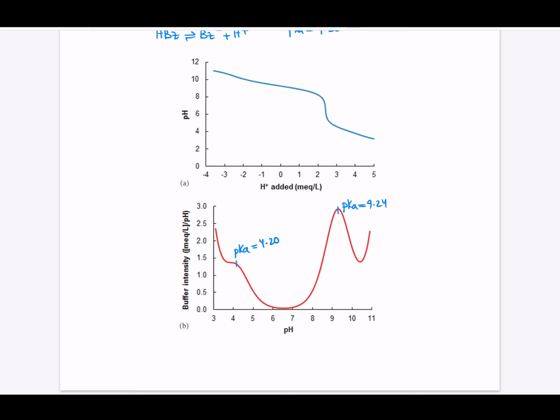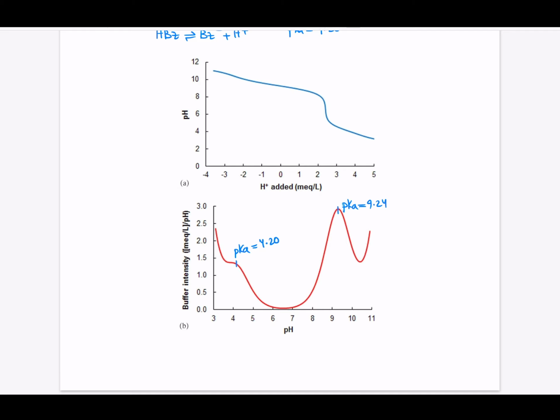So this is a clear, useful connection between the information from the titration curve and the information from the buffer intensity curve. If you're in the lab and you're not sure what is in your solution, by only looking at the titration curve, you might not be able to figure out the two important factors we talked about, pKa and the total acidity.